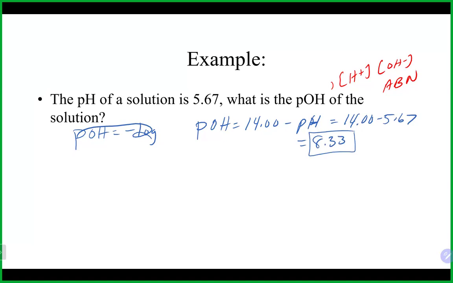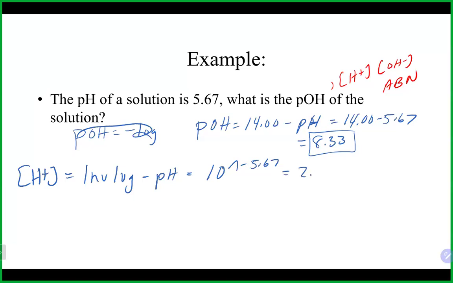In this case here, I could get my H plus concentration by taking the inverse log of the negative pH. So that's going to be, in this case, a 10 caret negative 5.67. And that will get me a 2.1 times 10 to the minus 6 molar.